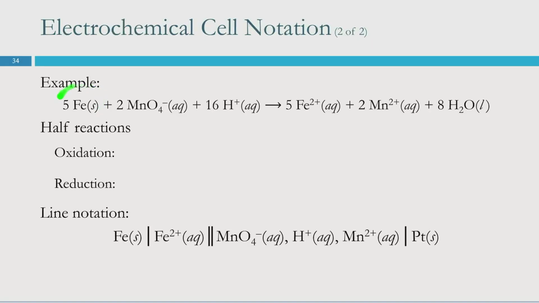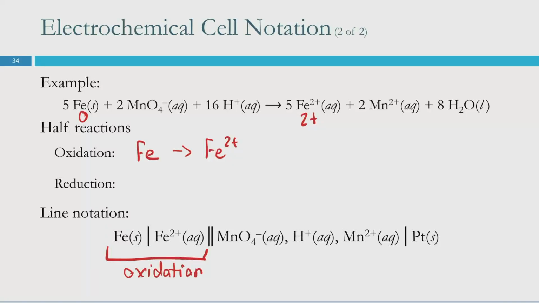So our iron is going from 0 for its oxidation number to 2 plus for its oxidation number. That's increasing oxidation number. So our half reaction would be iron metal going to iron 2 plus. And that's our oxidation half reaction.